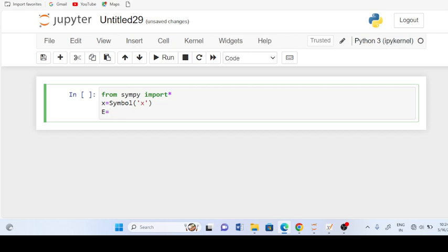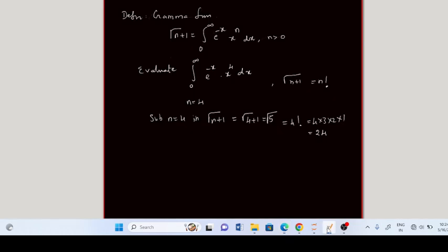So here we type integrate, open bracket. So we write the question: integral 0 to infinity e power minus x into x power 4 into dx.